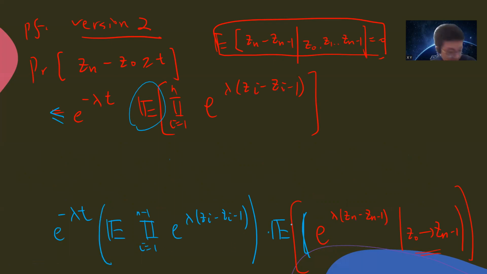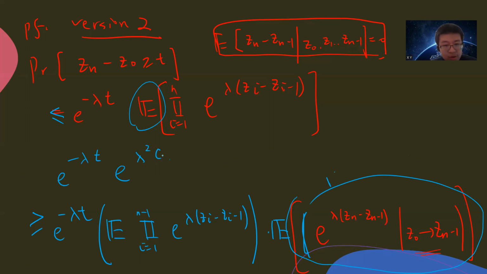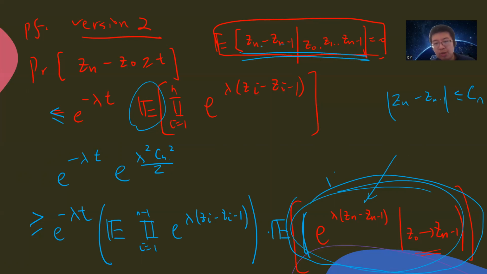You can use Hoeffding's lemma on this part. So this part is bounded by exponential lambda squared c_n squared divided by 2, because this is exponential lambda (z_n minus z_{n-1}), and we know that it is bounded by c_n. So you can use Hoeffding's lemma on this part, due to the martingale, and your result will be this.